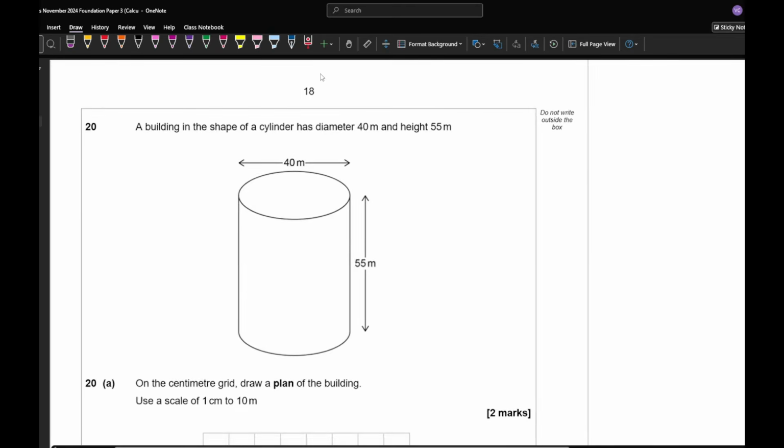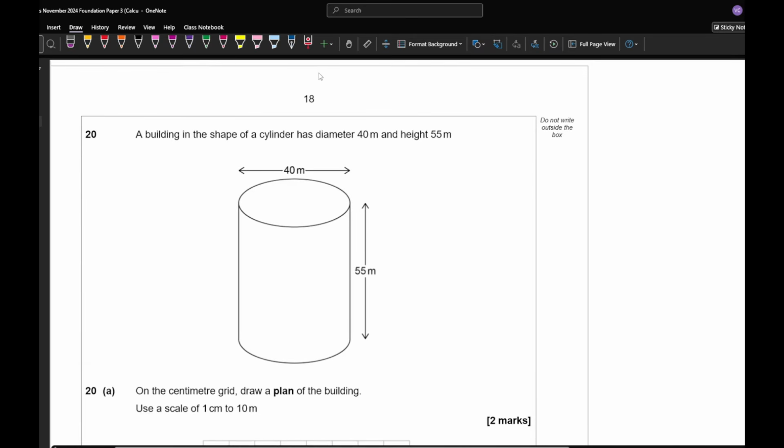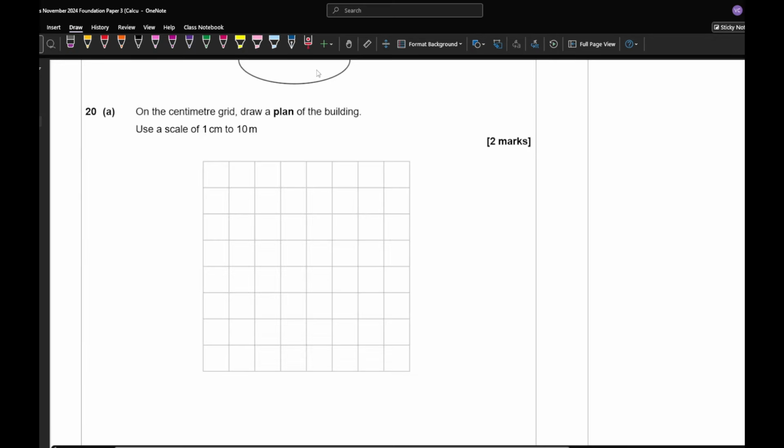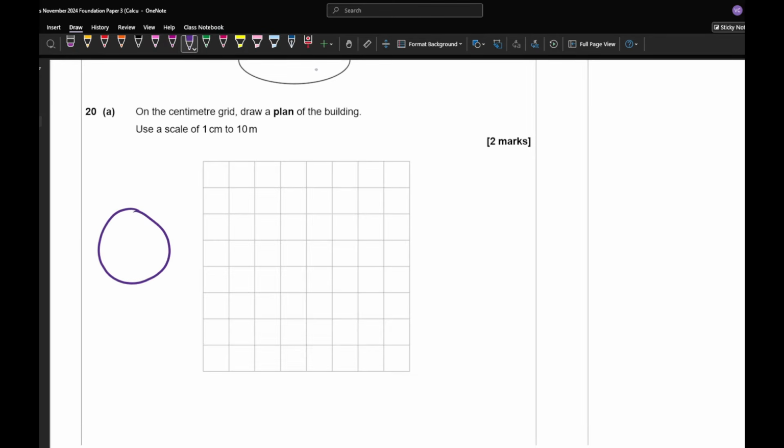Moving on to question 20, it says that a building in the shape of a cylinder has a diameter of 40 metres and a height of 55 metres. On the centimetre grid, draw a plan of the building using a scale of 1 centimetre equals 10 metres. Now for this, the plan is the aerial view. So you want to be drawing a circle with a diameter of 4 centimetres.